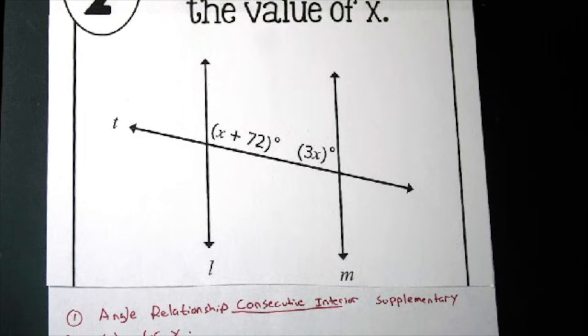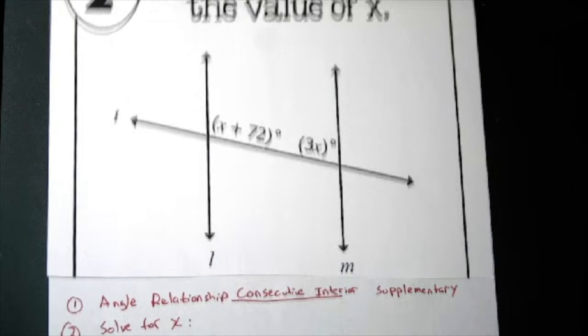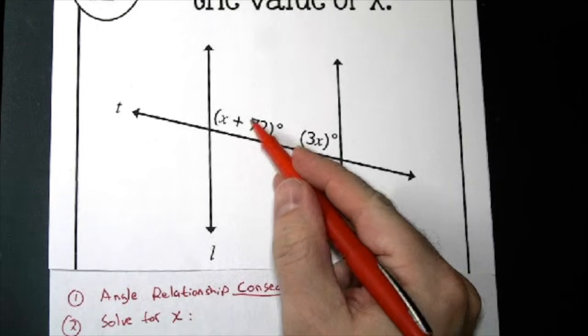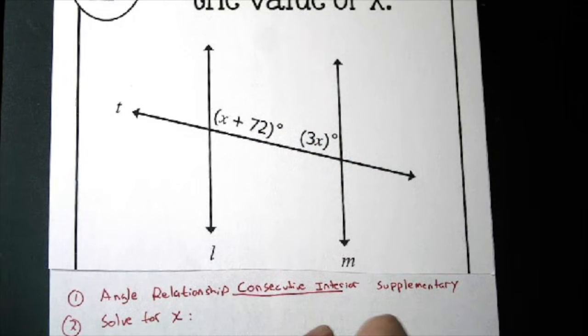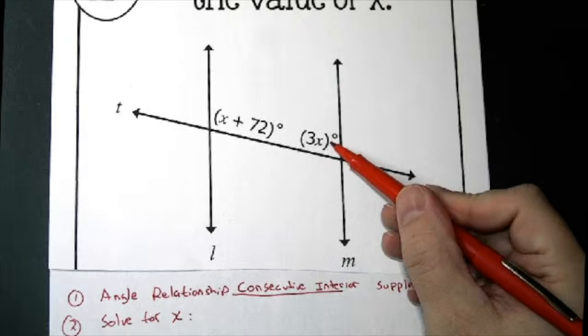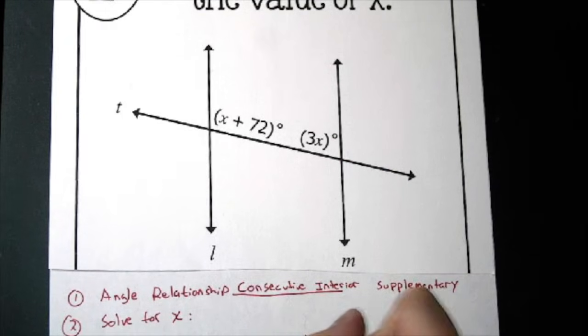So since they're supplementary, I just need to add each angle together and set it equal to 180 degrees. So my first angle is x plus 72. That's this angle. Then I'm going to add it to this angle, plus 3x. That's this angle. And I'm going to set that equal to 180 degrees.